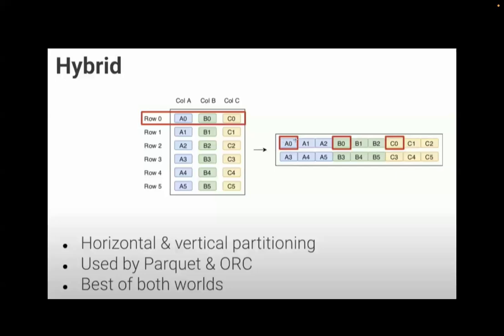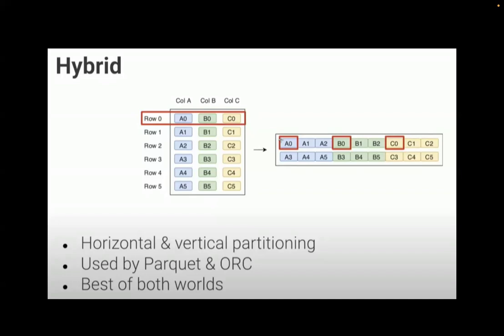So the minimum value of this is 1. The maximum value is 3. So in the metadata layer, for each column chunk within each row group, it is going to store minimum, maximum, count, like this. It is going to store all the statistics. We will see it. I'm just explaining it verbally.